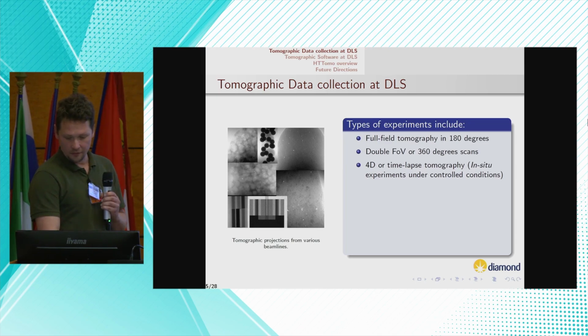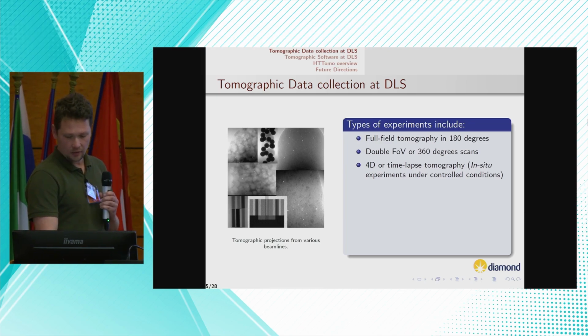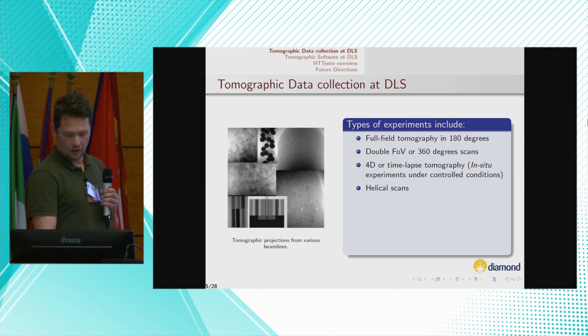Then we also have in situ scans, where something is dynamically changing under controlled conditions, for instance, or 4D tomography, helical scans when the sample is vertically outside the field of view and we need to shift it.